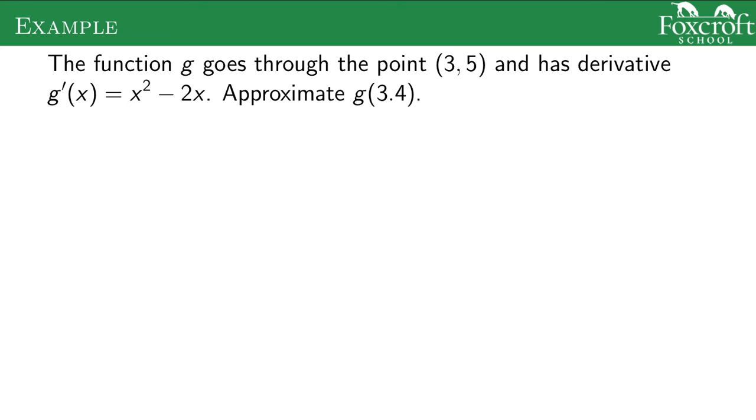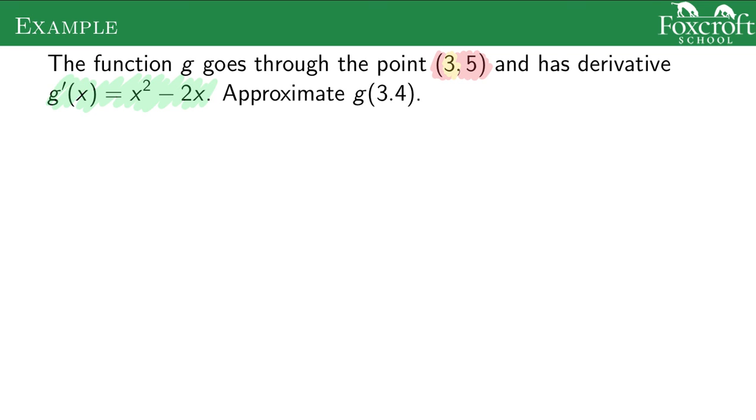All right, one more example. All right, f goes through the point 3, 5 and has derivative given by that expression. Can we use that to approximate 3.5? Well, the first thing is they tell us the point we have, and now we just need to figure out the slope. The slope comes from the derivative. And if we think about our original point, the x value we care about is 3.